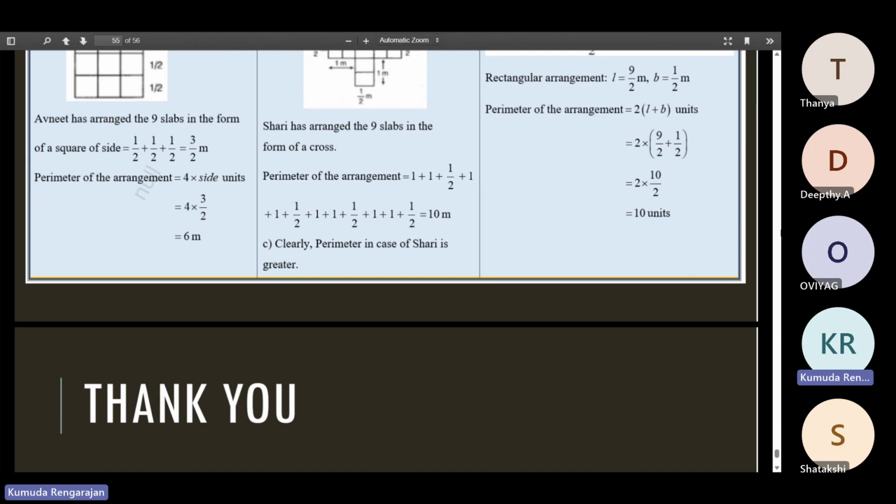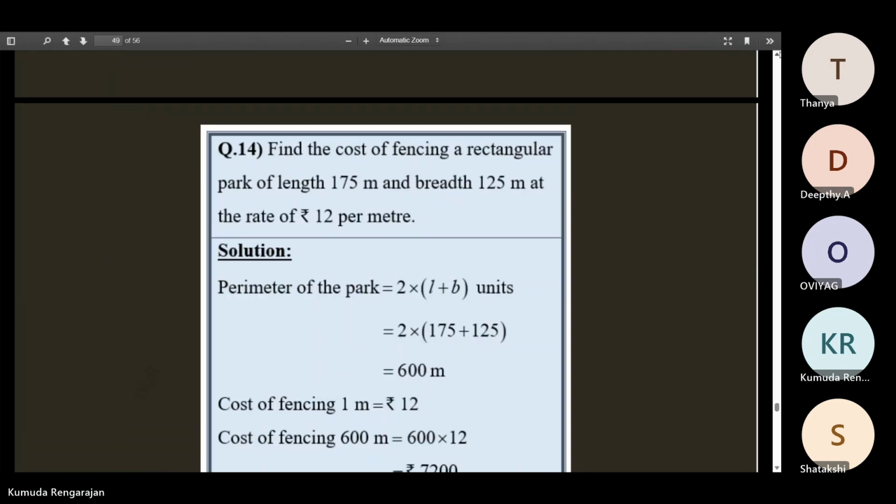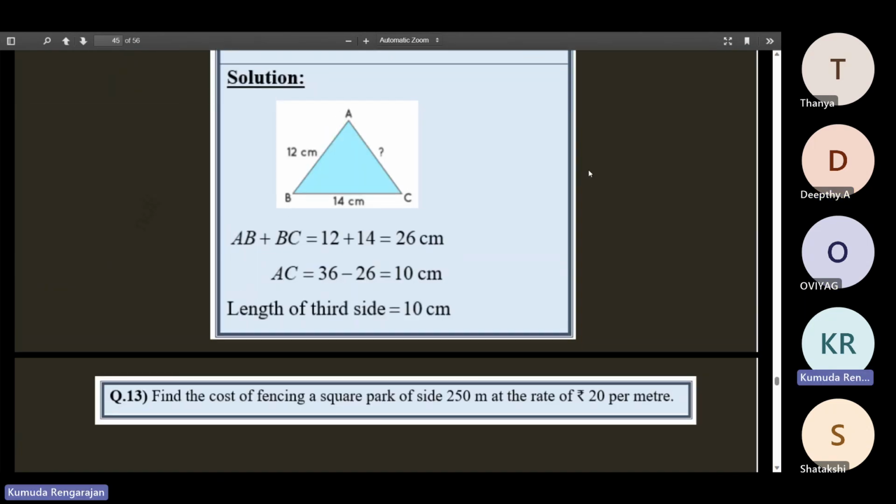Are you all able to use this conveniently? Yes, ma'am. You switch to the zoom mode or the full screen mode like this. All right?